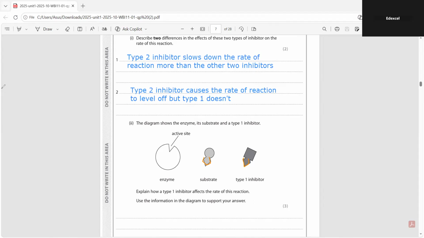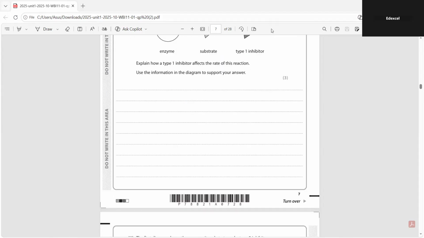So in this picture, you can see that both are similar, right? The shape of the substrate and the inhibitor. And both can compete with each other. That's why this type of inhibitor, type 1 inhibitor, is known as the competitive inhibitor. So to explain, let's just explain that. So this method is known as what?